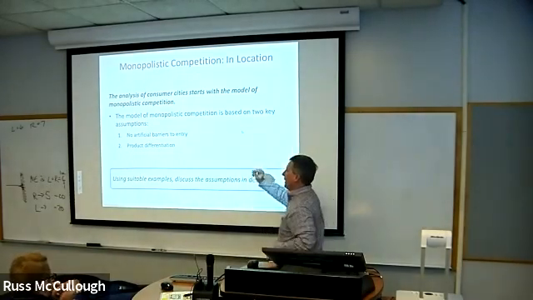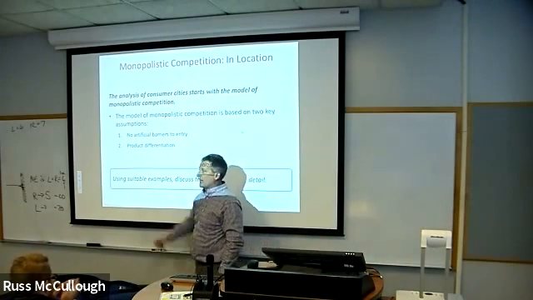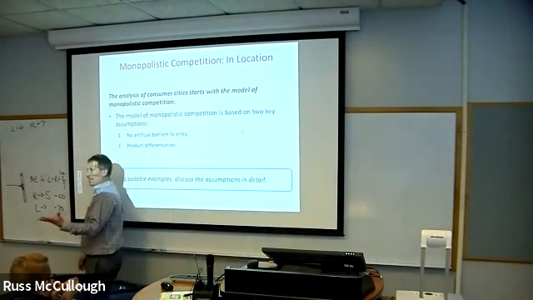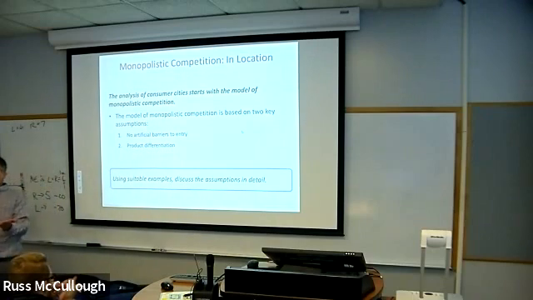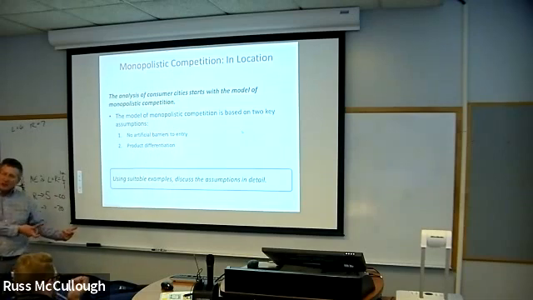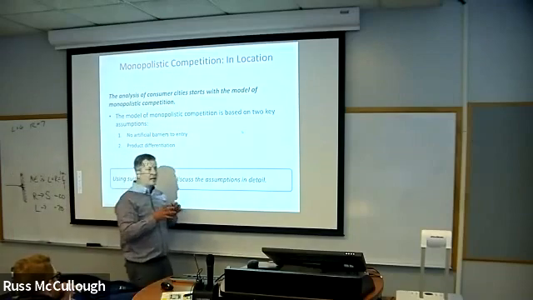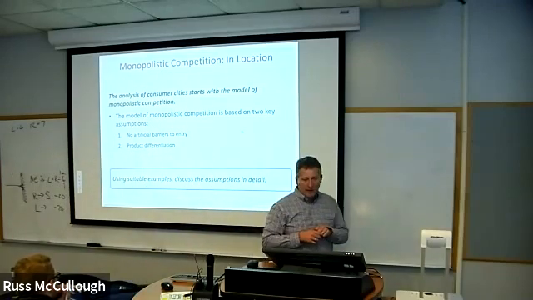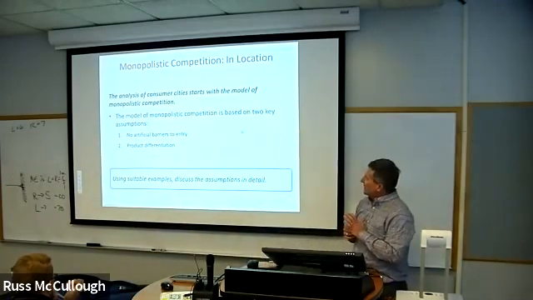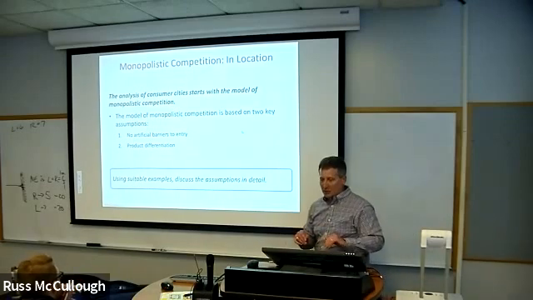Rather, each one is slightly differentiated. Some of them might be bundled together. So the service that you get at a particular fast food restaurant might be different. Maybe they bring the food out to you rather than you having to go to the counter. So there could be differences in the bundling of a product. All of that stuff is monopolistic competition.